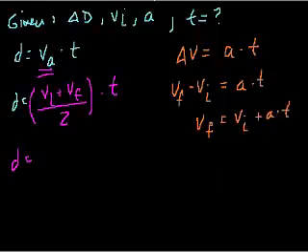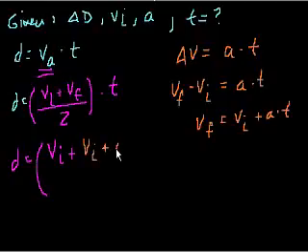And so we know the final velocity is equal to the initial velocity plus acceleration times time, right? So let's substitute that back into what I was writing right here. So we have distance is equal to the initial velocity plus the final velocity, so let's substitute this expression right here. The initial velocity plus, now the final velocity is the initial velocity plus acceleration times time.